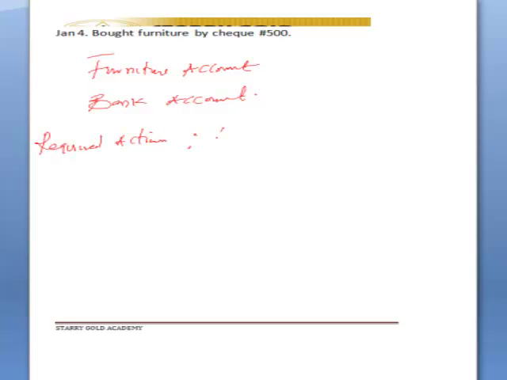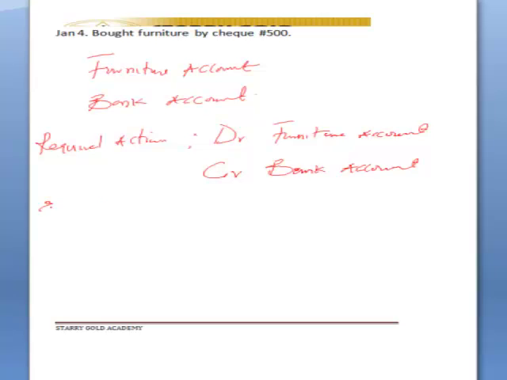Furniture is receiving, so we shall debit furniture account. Then credit bank account, because bank account is giving out the money.